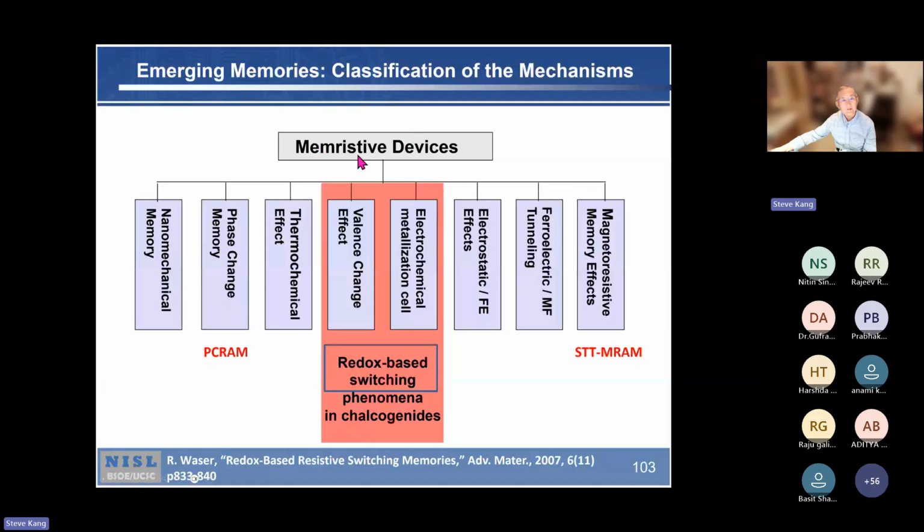So he has memristive devices, which include nanomechanical memory, phase change memory, PCRAM, thermochemical effect, valence change effect, electrochemical metallization cell, which is a redox-based switching here in red, electrostatic ferroelectric effects, ferroelectric tunneling, magnetoresistive memory effect, STT, MRAM, etc. So this is all in his definition. He's a materials scientist. It's memristive devices or memristors. So it's very broad in that regard.